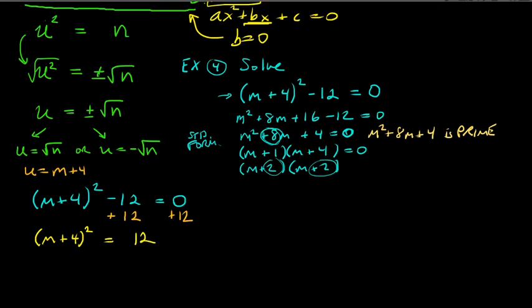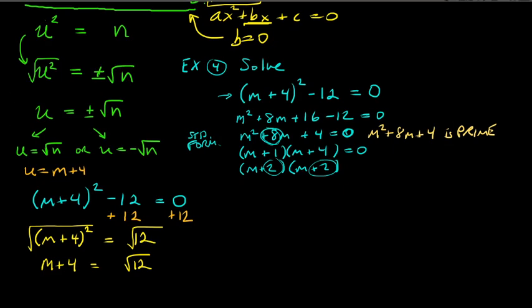Okay. So why is it called the square root method? Because we want to get rid of the square. We want to undo the square. We take the square root of both sides, right? And then we get on the left m plus 4, and on the right we get the square root of 12. Except we don't. I'm pulling a fast one here.